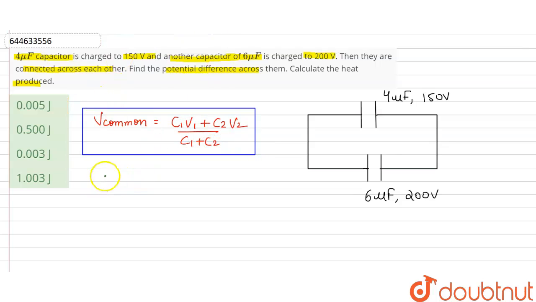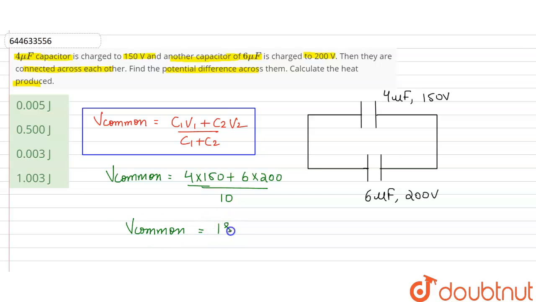So from here, our V common is equal to C1 has the value of 4 into V1 is 150, plus C2 has the value of 6 into V2 has the value of 200 volt, divided by C1 plus C2, that is 10. So from here, our V common comes out to be 180 volt. This is the value of our V common on both the capacitors.